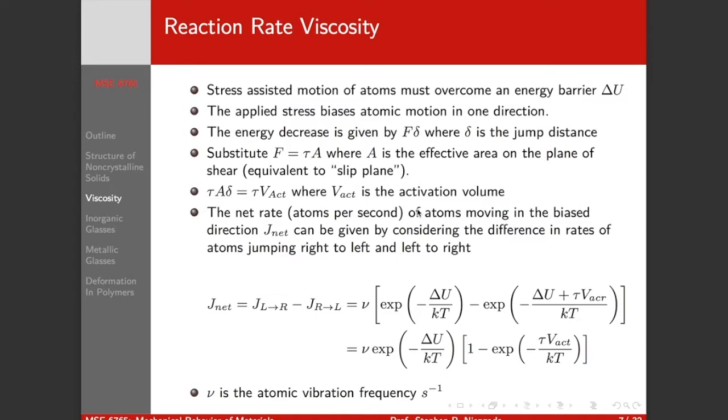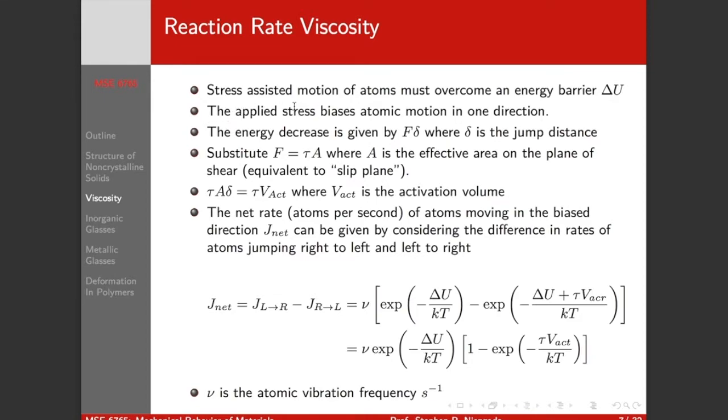So there's several different viscosity models that can be used to develop a physical picture of what's happening. What I talked about in the previous slide is related to the reaction rate viscosity model, where we assume that we have stress-associated motion of atoms, right, that have to overcome an energy barrier for the jump to occur, right?